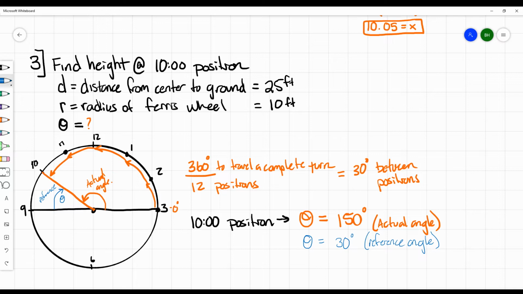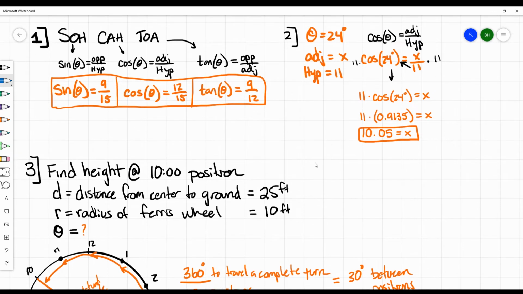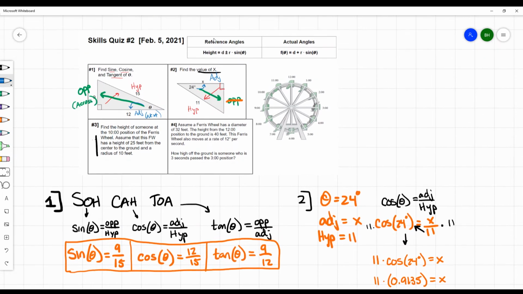Okay. So using either of these values, you can plug into our formulas that I have up here for you. So you have the reference angles, or I guess the height, is equal to d plus or minus r sine of theta. You just need to know whether or not you're going to be above or below that center line.